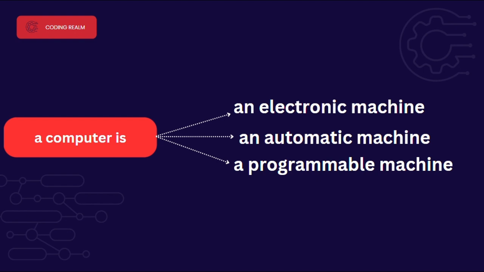The computer also is a programmable machine because the computer cannot carry out any task without using programs, which will determine the action to be carried out. This is what the word computer means. So it's very important to memorize: the computer is an electronic machine, an automatic machine, and a programmable machine.